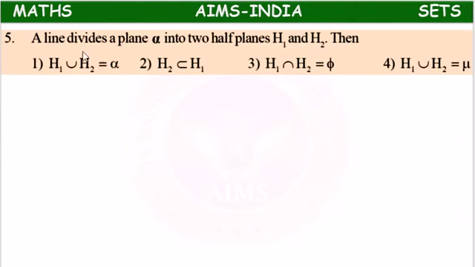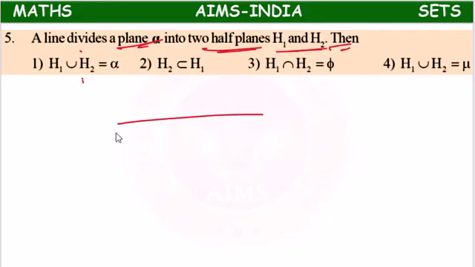Next, fifth one. A line divides a plane into two half planes, H1 and H2.